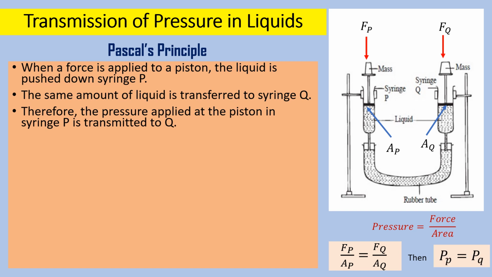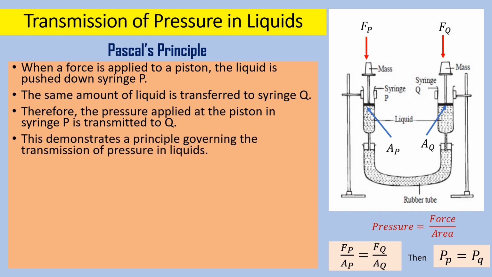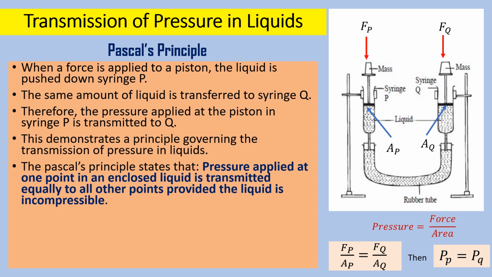So essentially this is what we are talking about. Pressure on syringe P is transmitted equally to pressure on syringe Q. So this demonstrates a principle governing the transmission of pressure in liquids, and it can be summarized as Pascal's principle, or what we call the principle of transmission of pressure in liquids.